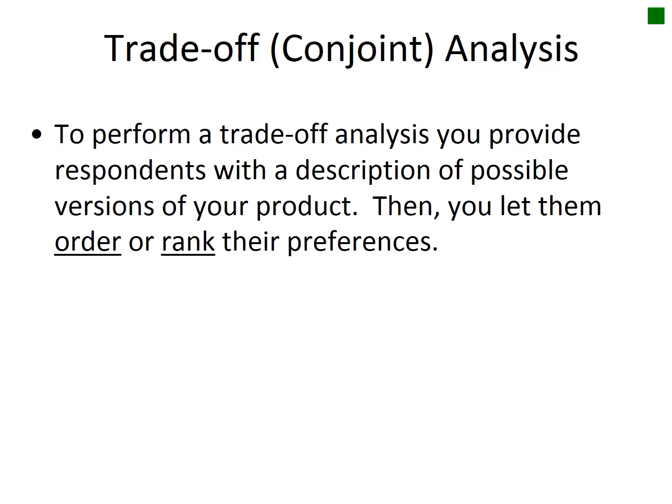To do trade-off analysis, we'll provide our respondents or consumers with a description of different products or different product variations. Then we'll ask the consumer to place in order their preference, from the most desirable version of the product all the way down to the least desirable version of the product.